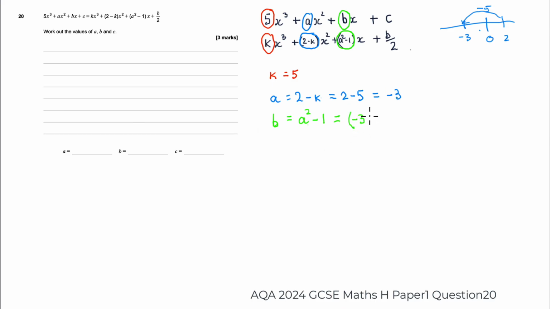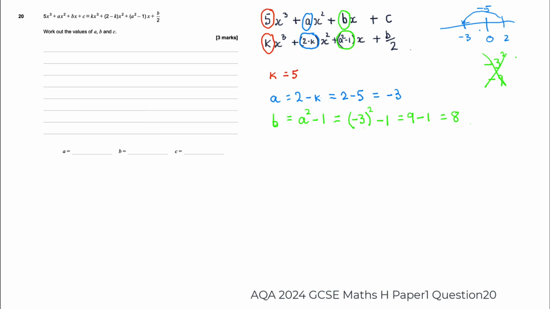It's negative 3 times negative 3 minus 1. And negative 3 times negative 3 is positive 9. Take away 1 will be 8. Now watch out, do not write negative 3 squared. That's negative 9, not positive 9.